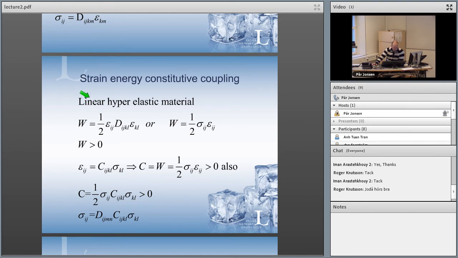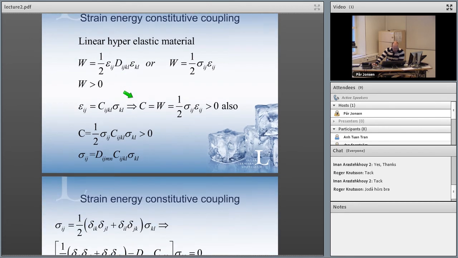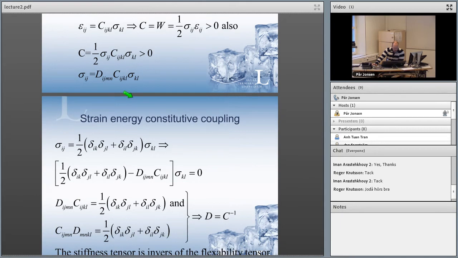And you can find that your stress tensor has this relation. Now you have the stiffness tensor and the flexibility tensor together with this stress tensor in another system. So this should be the same. You do this transformation. And here you have something.